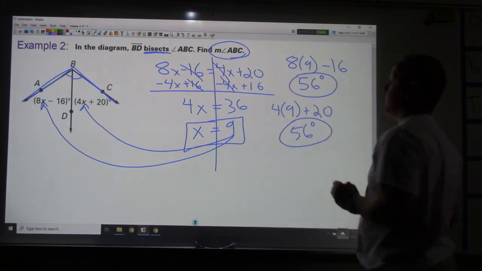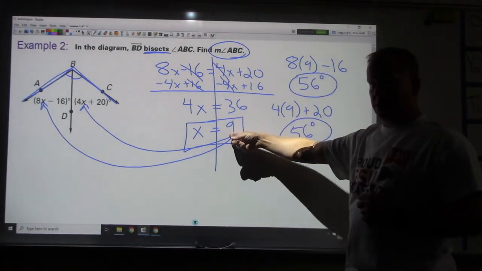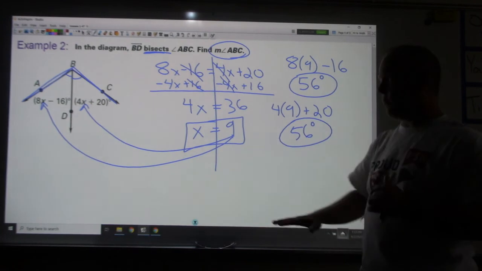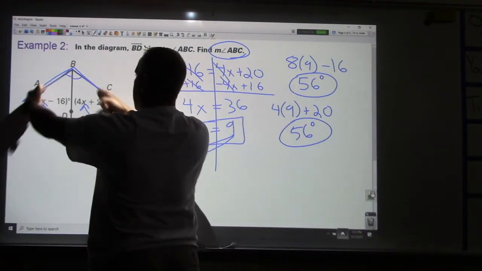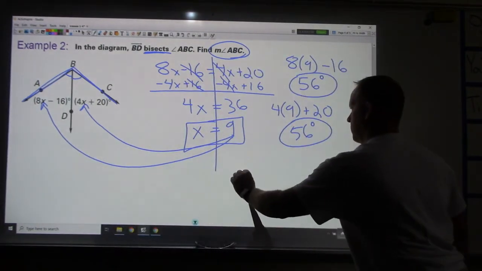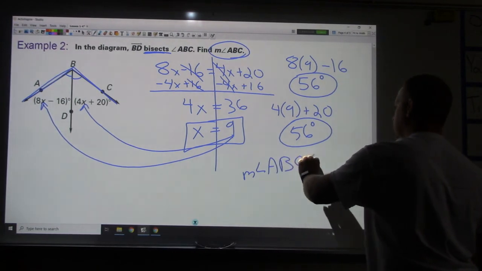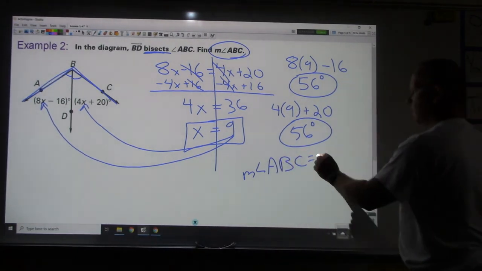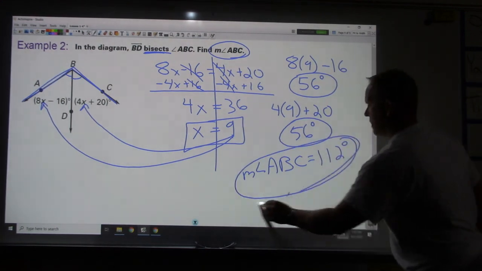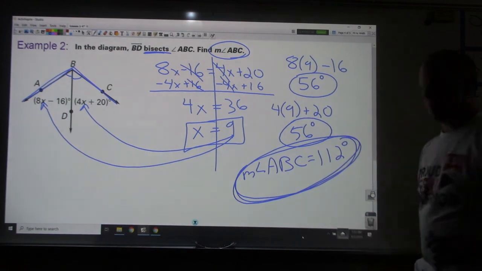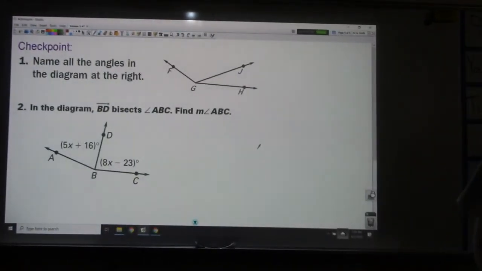So I got 56 degrees for both of those angles. So since they came out equal, that means this guy is correct. Still not my final answer though. I have to take these 2 and put them together to get the big angle. So the measure of angle ABC is 56 plus 56, or 112 degrees. There's my actual final answer. I want you to try these 2 questions on your own.